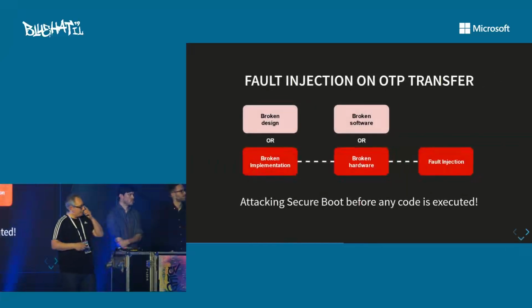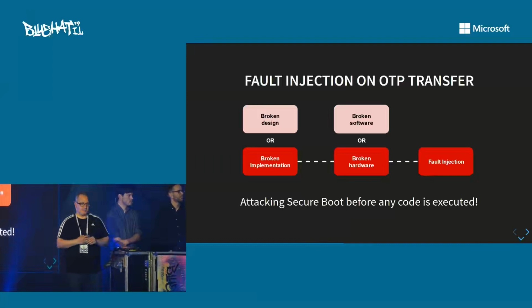So the first one that I would like to discuss is fault injection on OTP transfer. There is one thing which all the attacks that Albert shared have in common. All the attacks occur while the code is actually being executed.